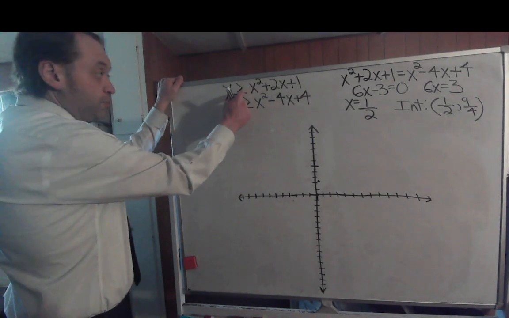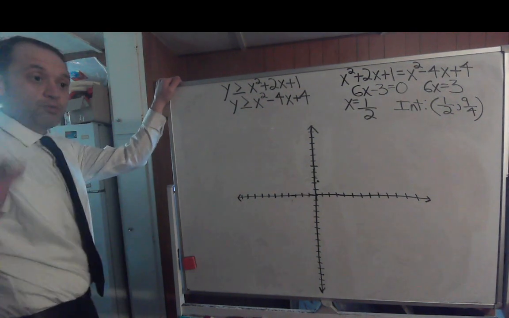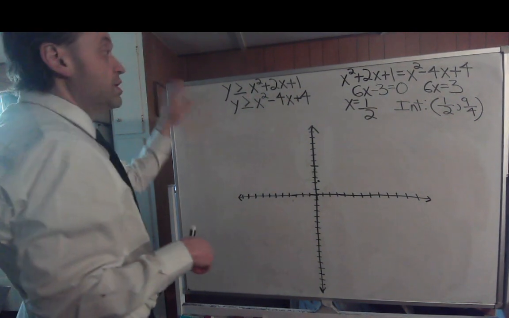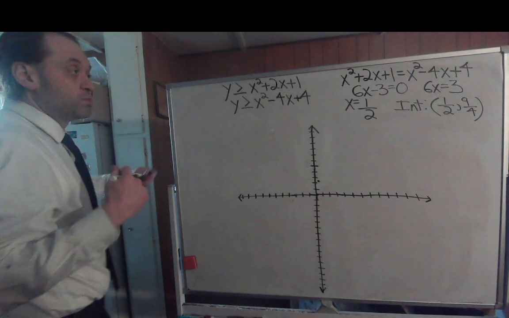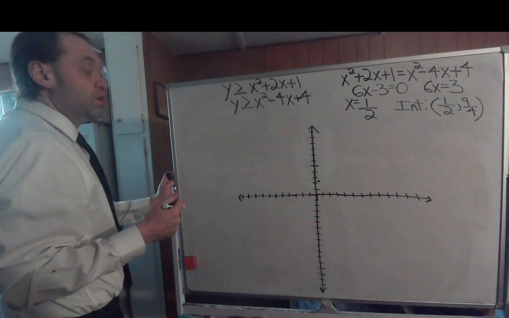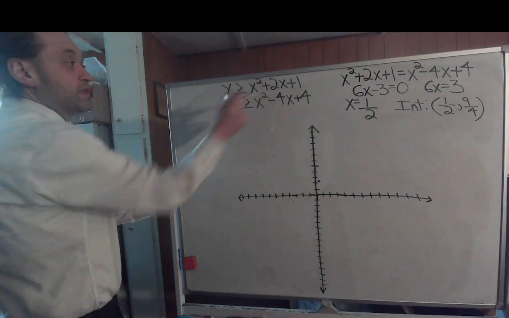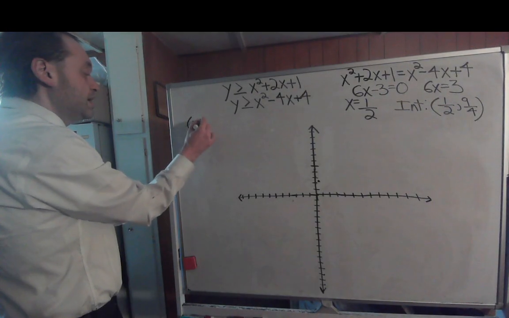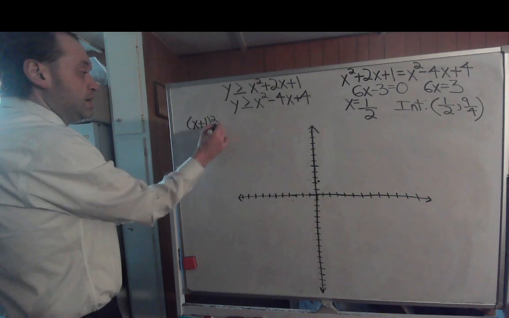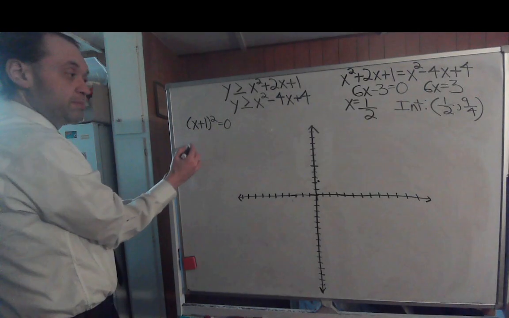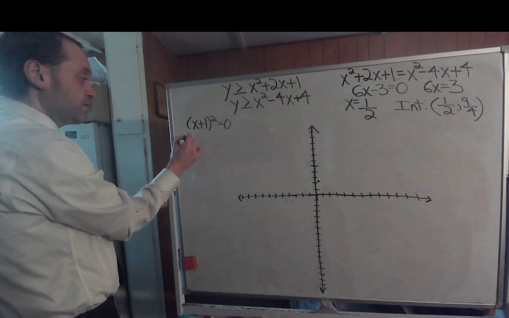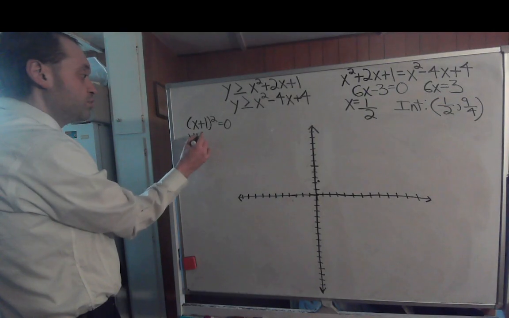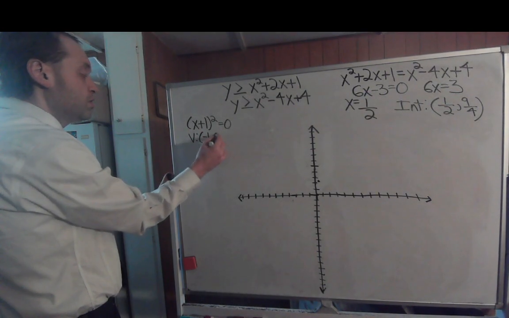Well, they're both "equal to" components, so they're both solid parabolas. Well, x squared plus 2x plus 1, notice that's a perfect square trinomial. That would factor into (x plus 1) squared equals 0. That means your x-intercept and your vertex both are going to be at the point (-1, 0).